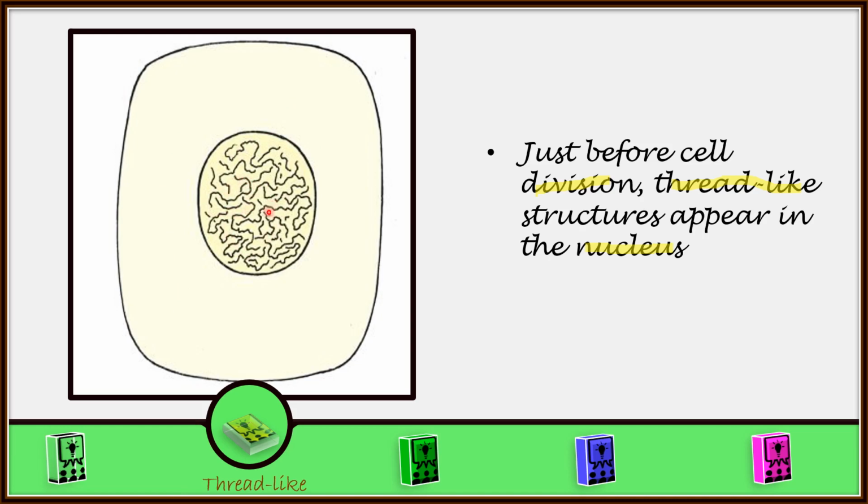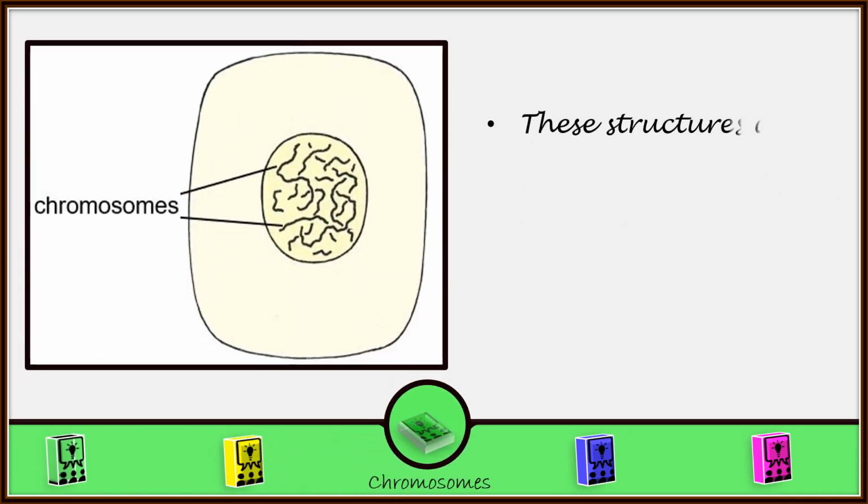That is when the cell is about to divide. These structures are called chromosomes.